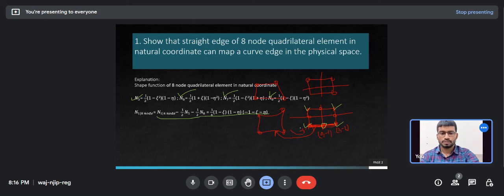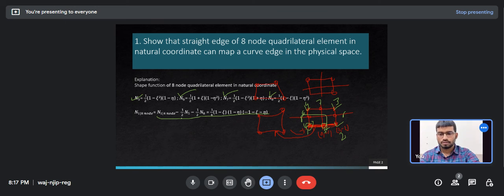Right? That is, here this is node 1, this is 2, this is 3, this is 4, this is 5, 6, 7, and 8, right? So this node 1 is surrounded by 5 and 8. The adjacent nodes are 5 and 8.